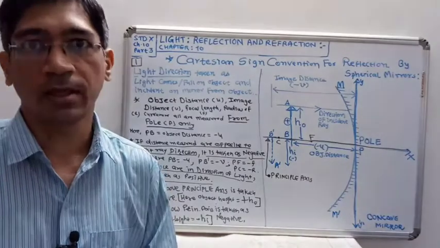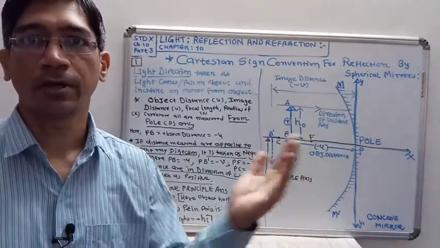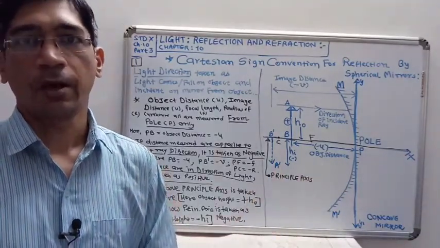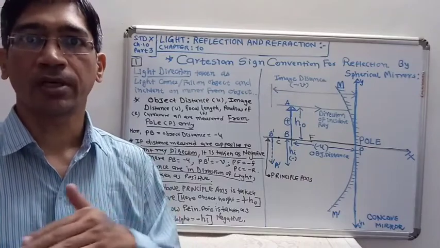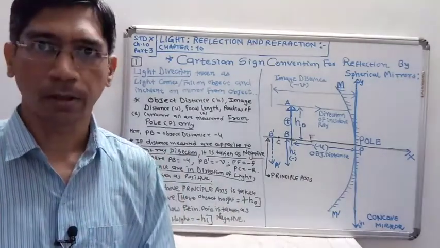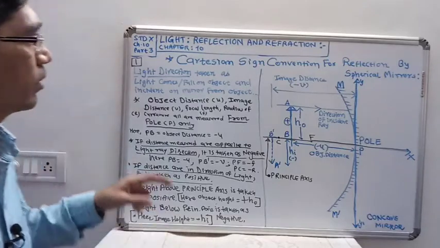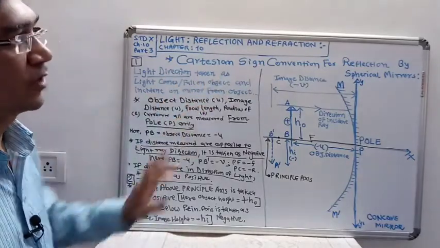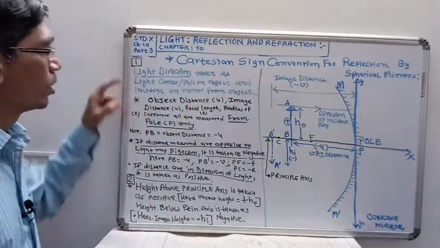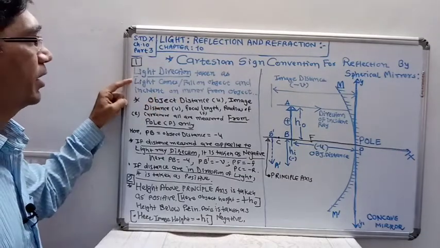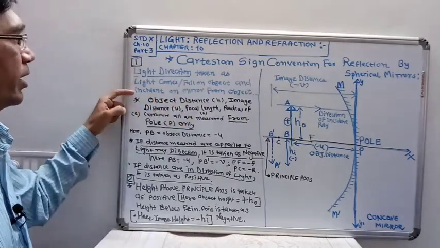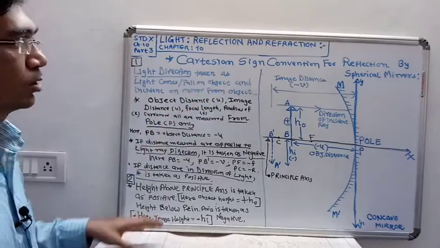It is very easy: light comes from behind the object and falls on the object, and from the object it is incident on the mirror. So here we are taking the Cartesian sign convention for the mirror. The light direction is taken as the light falls on the object and is incident on the mirror from the object.